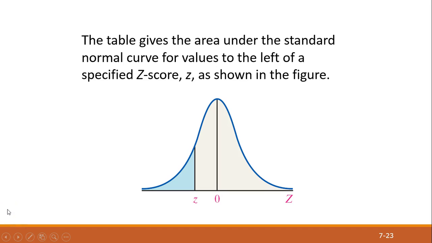The table that I was referring to gives us the area under the standard normal curve for values to the left of a specific z-score or z-value that you have found.